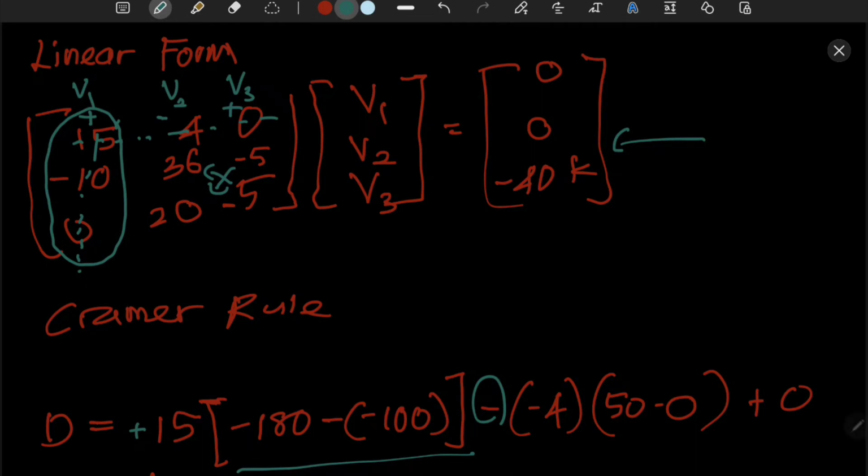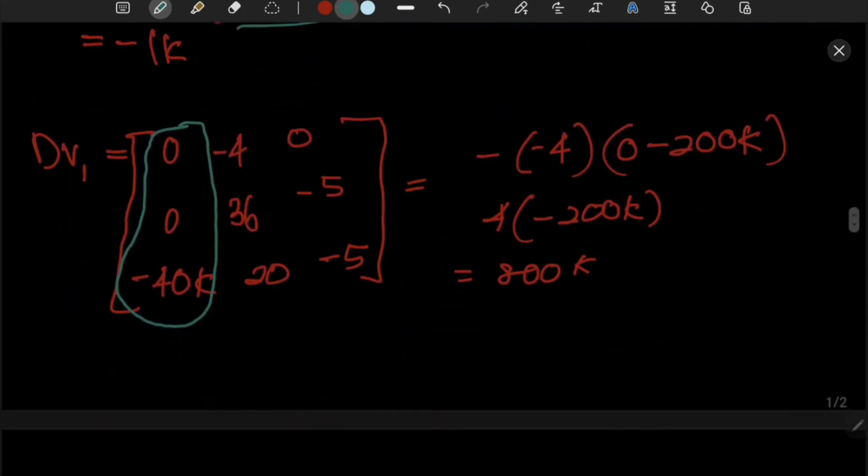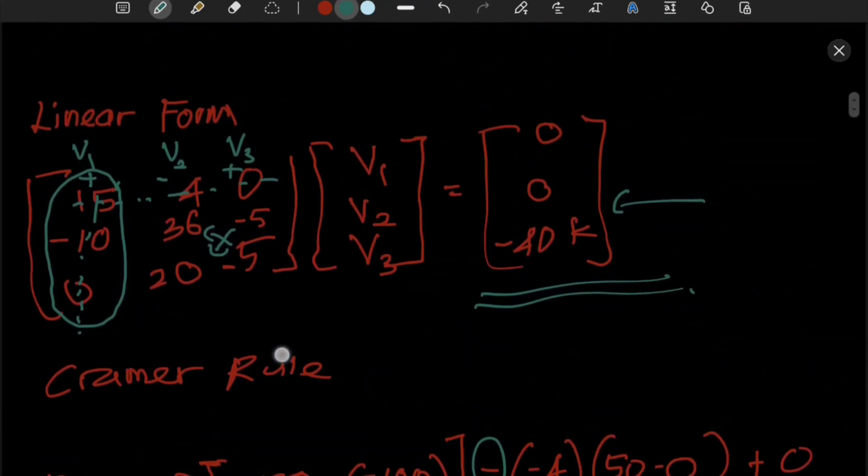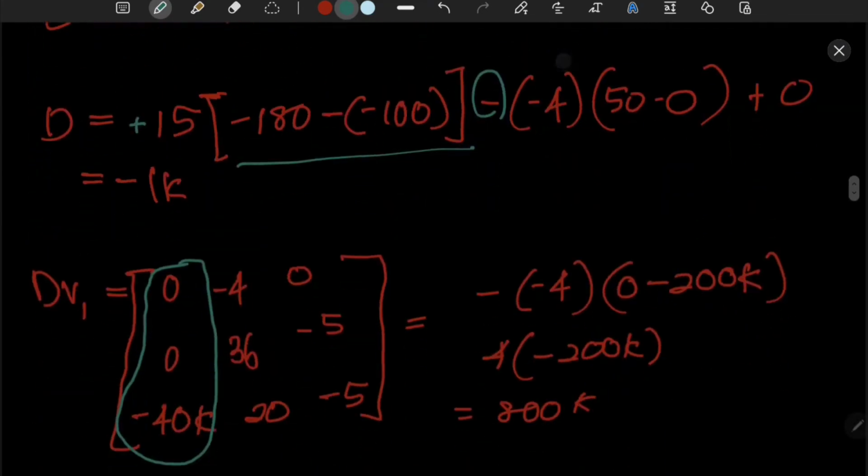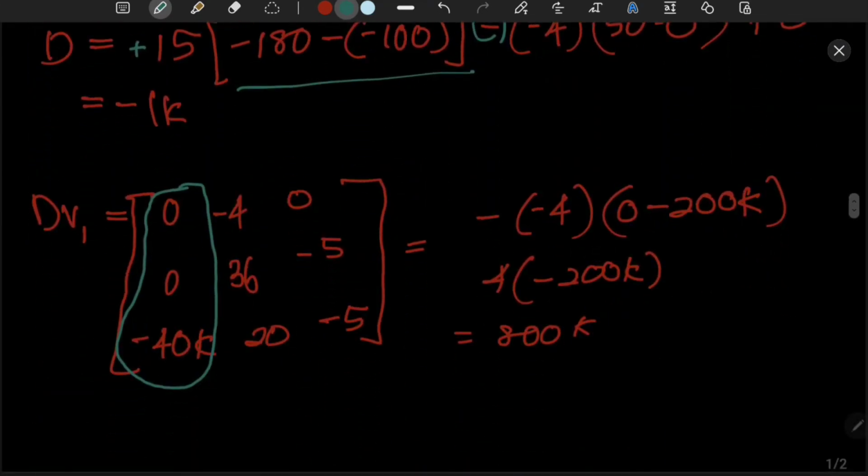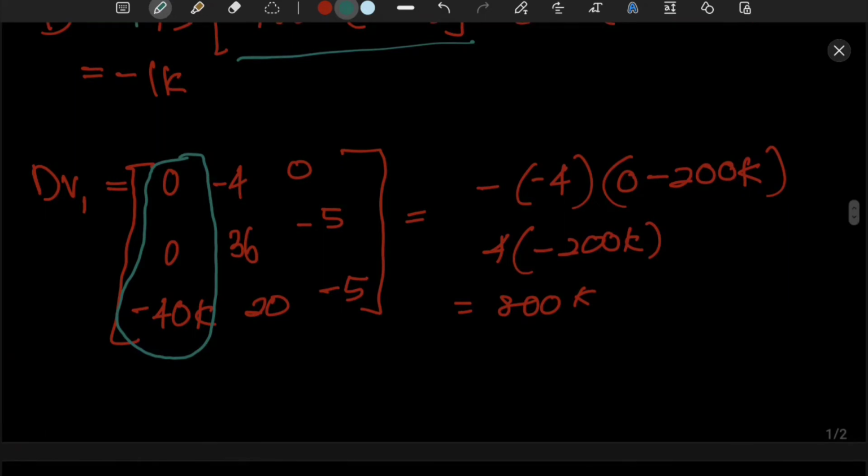We substitute this row with the product row into the V1 column to find the determinant of V1. We calculate as normal. Here is a plus sign, this is negative, this is a plus sign. This is quite easier for us to do, since both of the numbers are 0, so we need to calculate for the negative 4 only.